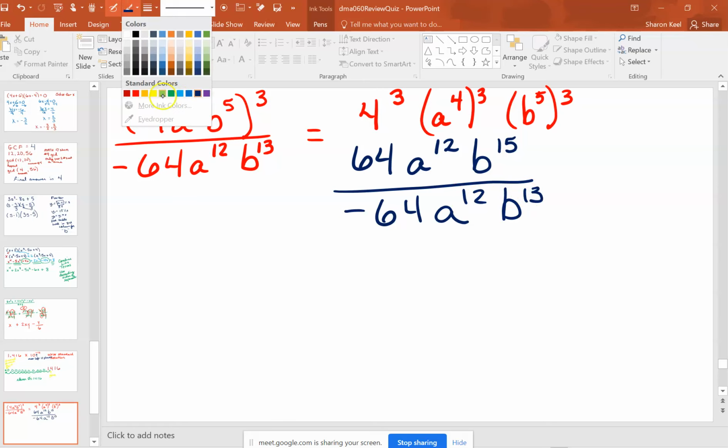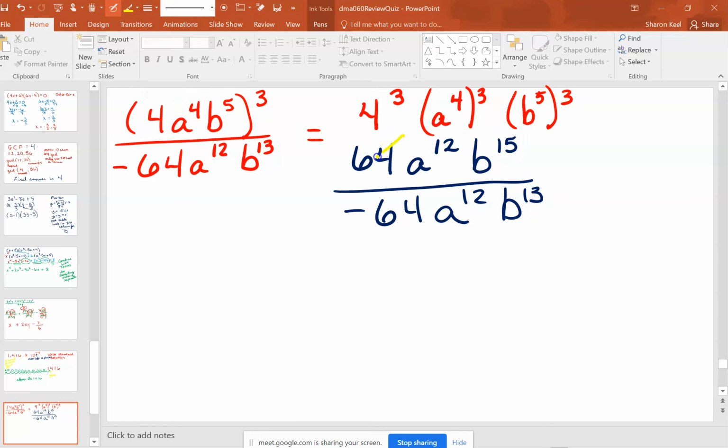Now I want to see what can cancel out. The 64 over the 64 will cancel. The a to the 12th and the a to the 12th, they cancel. But I want you to pay close attention. What is in front? A negative sign.